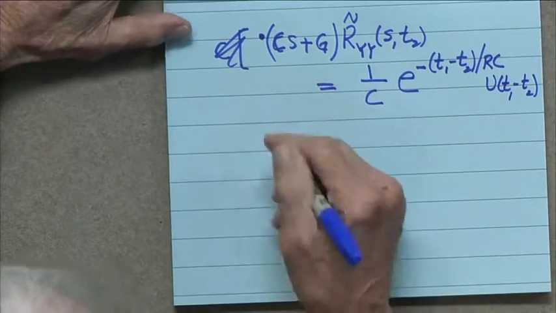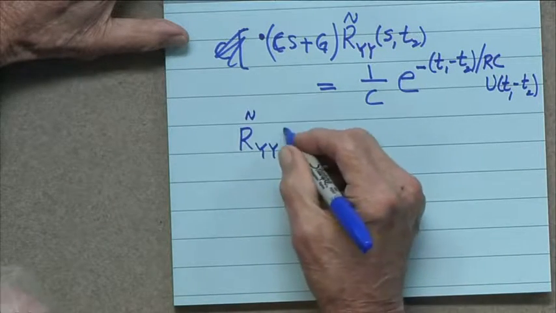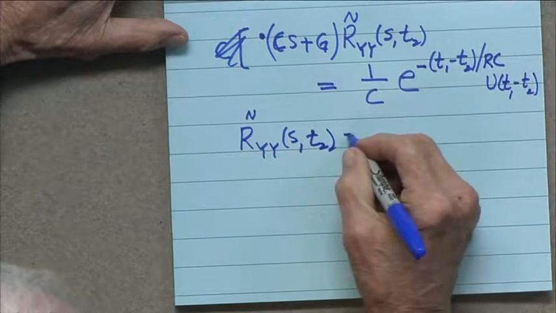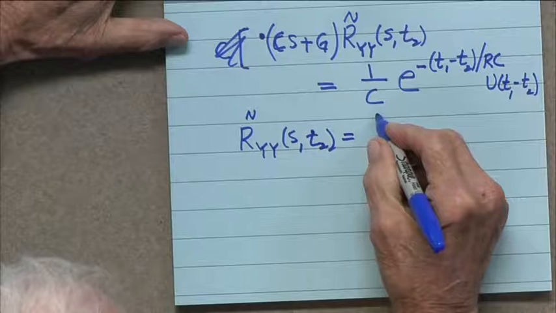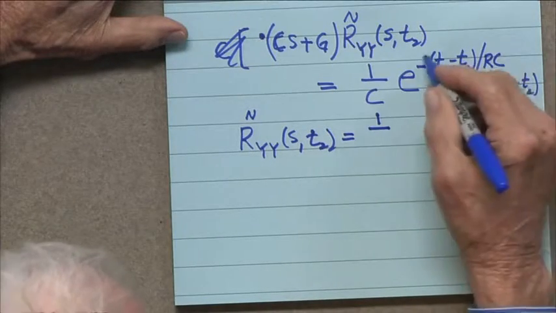It looks like R_YY curly S, T2 is equal to 1 over C. Oh, I beg your pardon.